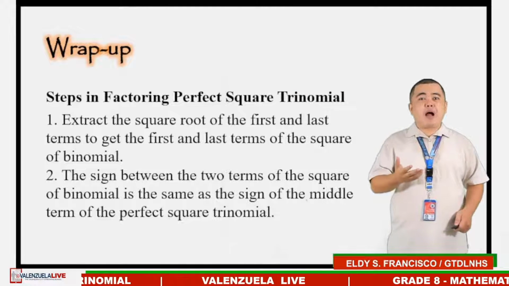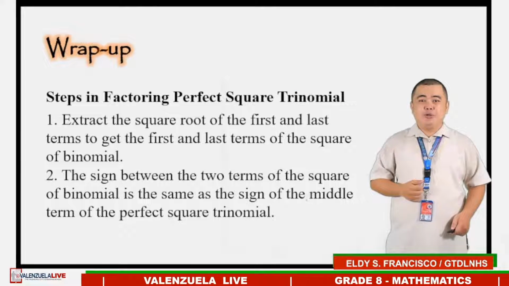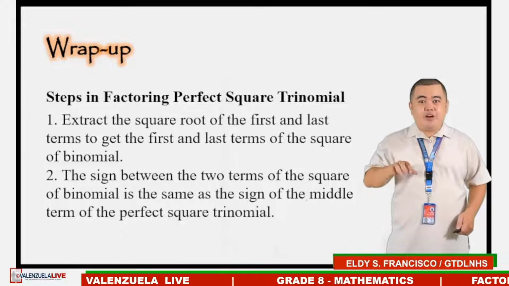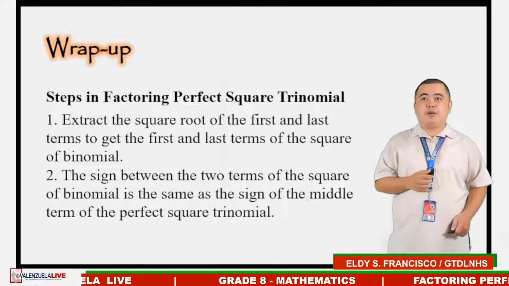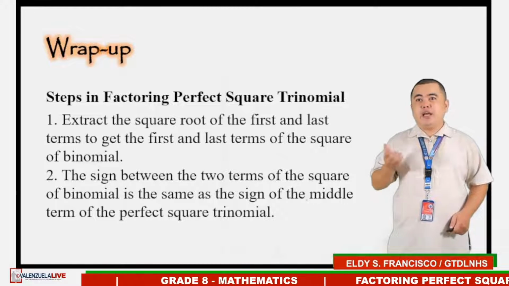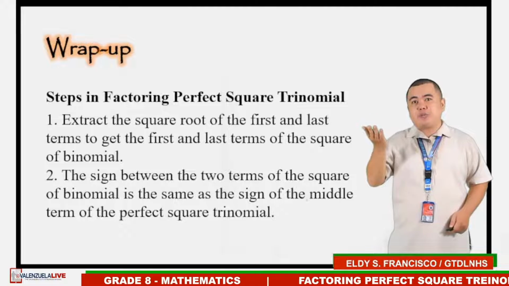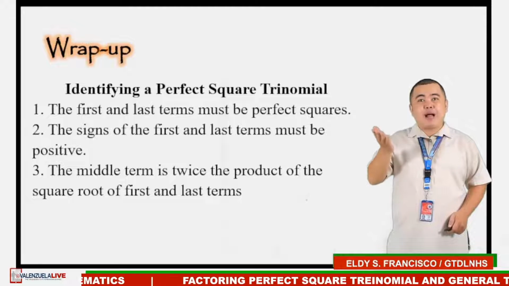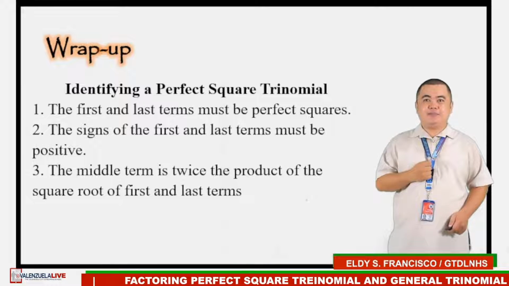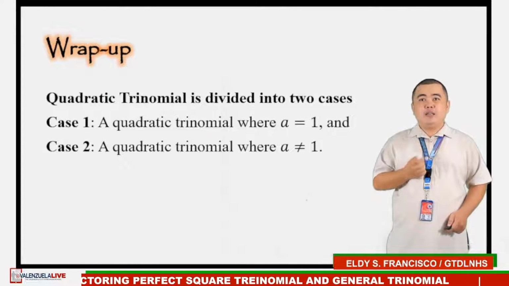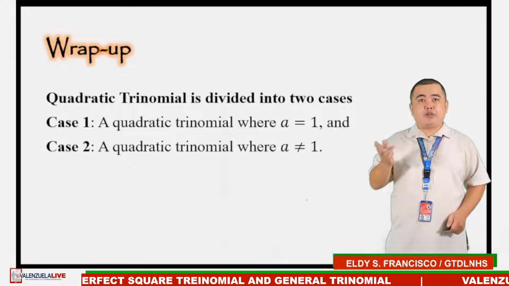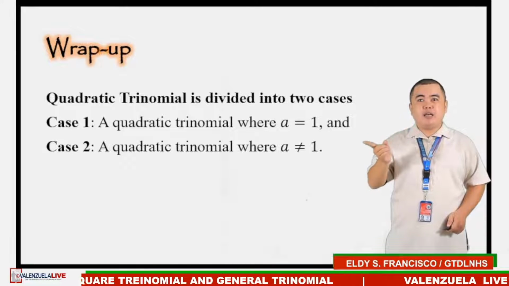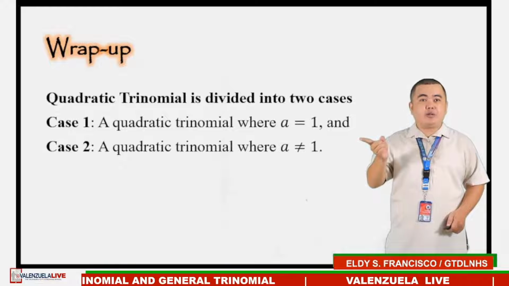And to wrap up today's discussion, you can also take a screenshot of the following important things to remember. We have the steps in factoring perfect square trinomial. We also have identifying a perfect square trinomial. And our quadratic trinomial is divided into two cases. First case, a quadratic trinomial where a is equal to 1.